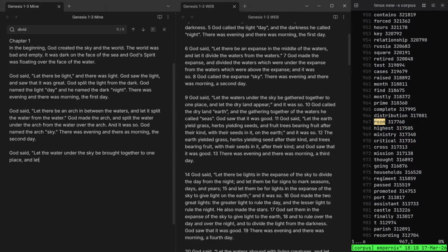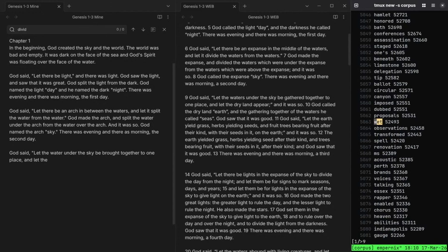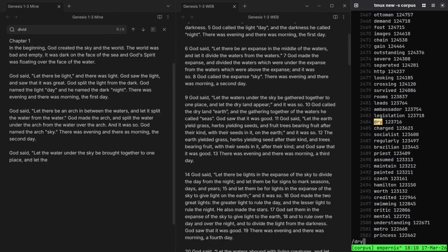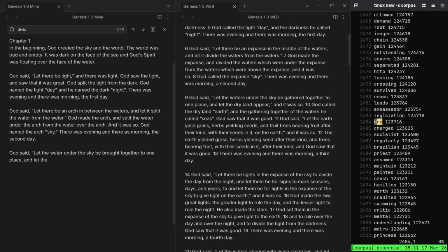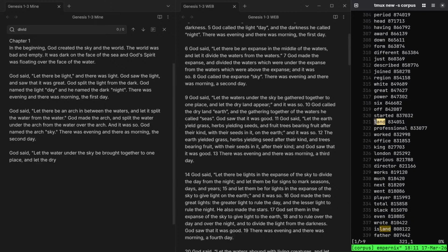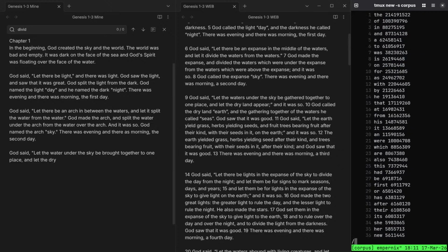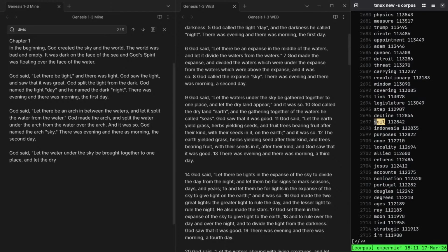Not that room is a good translation. Okay. And let the dry land appear. Let's confirm my instincts. Dry is not very common. I mean, wet is not either. Okay. Land. Okay, 321. Dirt. No. Soil.